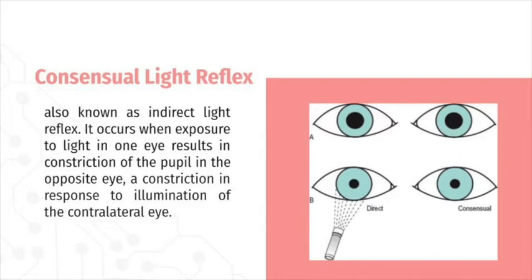So it is a direct light reflex. But when the right eye is shown with light and it causes the right eye to constrict as well as the left eye to constrict, then it is now called the consensual light reflex. So that is the difference between direct and consensual light reflex. Consensual light reflex causes a constriction in both eyes even if light is only shown onto one eye.